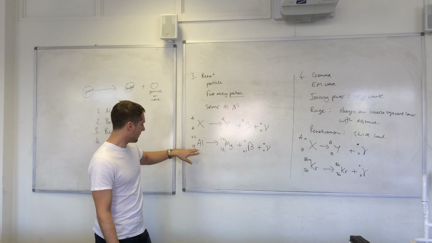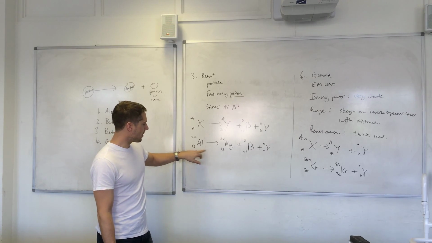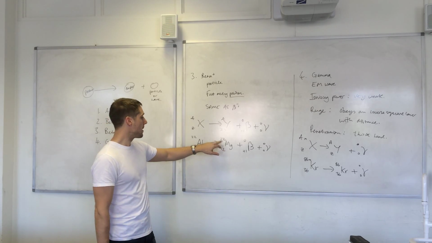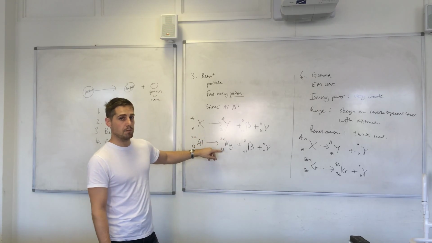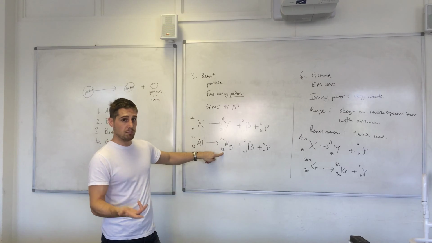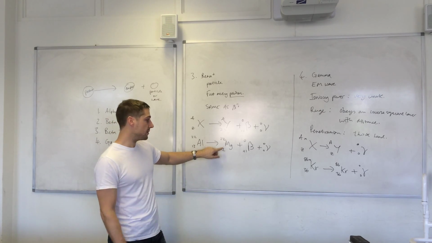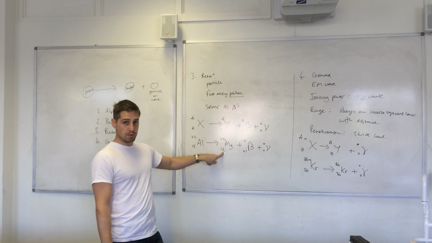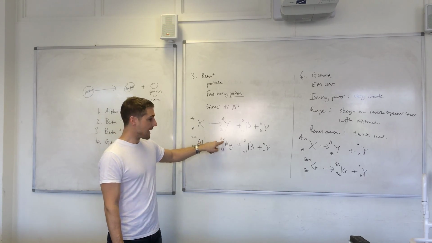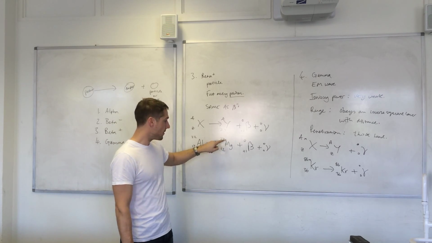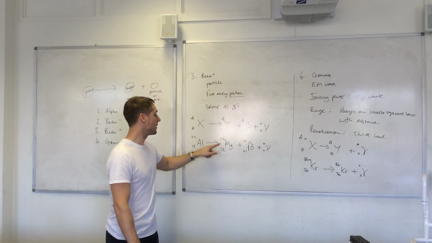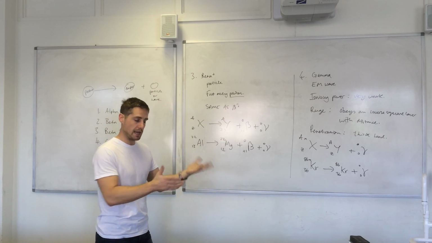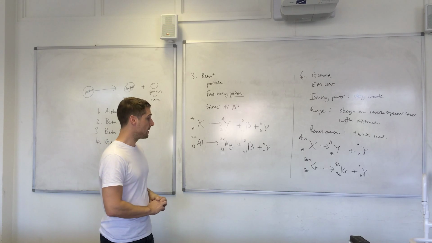So in this one, for example, we can see that the proton number has reduced, so it must have lost a proton. But the nucleon number stayed the same. So ordinarily, if you lose a proton and nothing else happens, then that number will decrease by 1. So we know we've lost a proton, but we've also gained the other type of nucleon that you can have. So lost that, gained the other nucleon, whichever that may be.